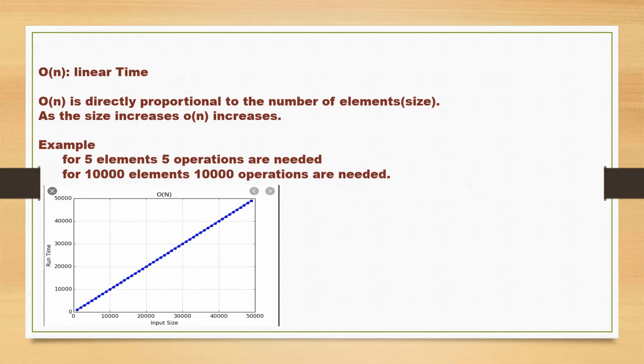If there are 10,000 elements, again in worst case, we need to search all the 10,000 elements. So this is order of n, where the number of operations is dependent upon the number of elements. As the array size increases, the number of searches also increases. This is linear time, which increases as the elements increase.